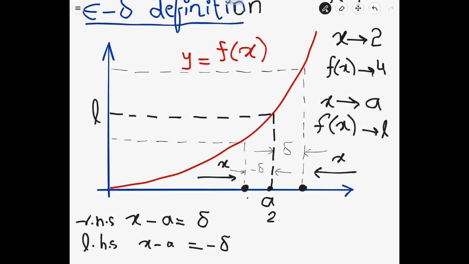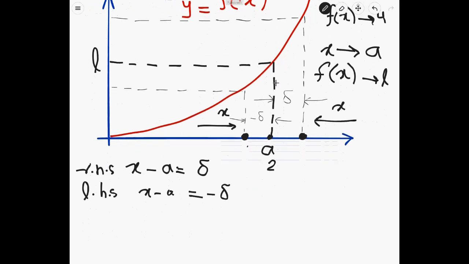So how can you justify both of these equations? Both of these equations can be justified by taking the absolute value. That is, you will say that the absolute value of the difference is plus delta, because when you take the absolute value of negative delta, the result is delta.